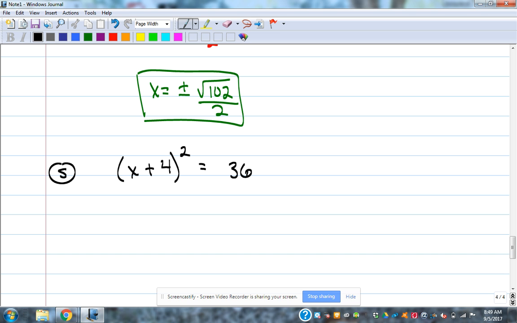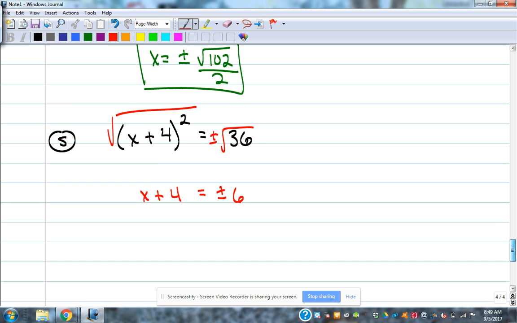And you got a plain x in there, and that opens up a whole other game of how to solve these. But because it's squared, I can take the square root of both sides. And the left side, the squared goes away, and it's just x plus 4. And on the right side, plus or minus the square root of 36 would be plus or minus 6, right?